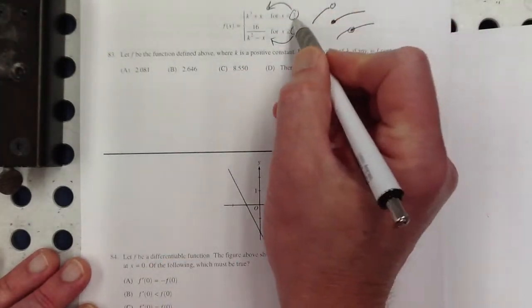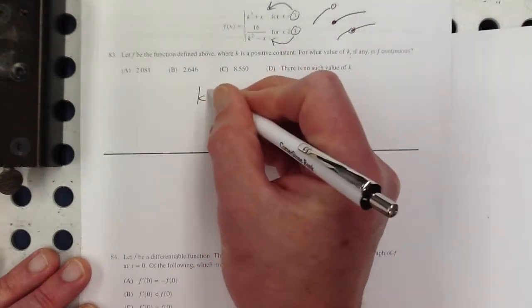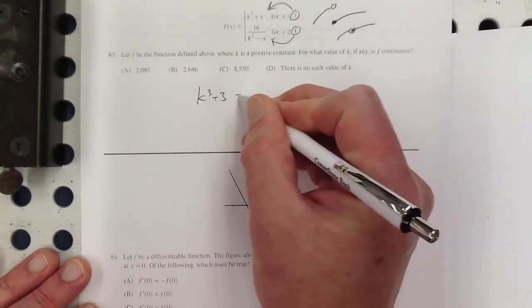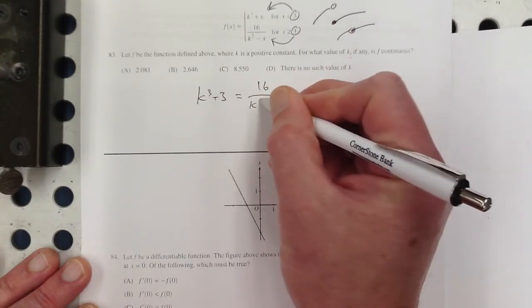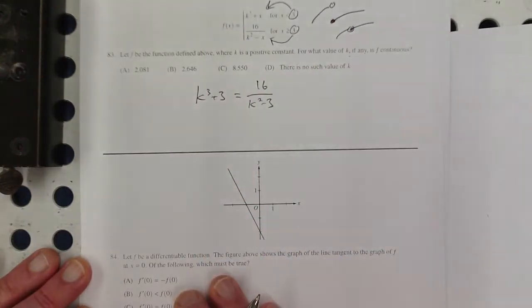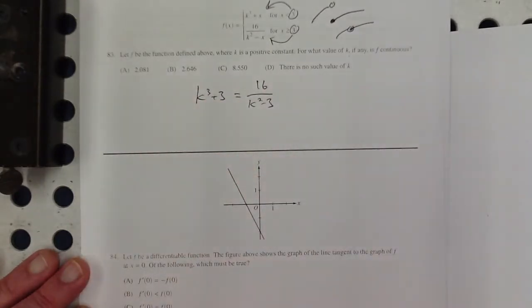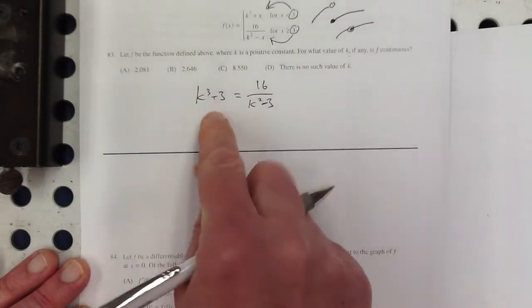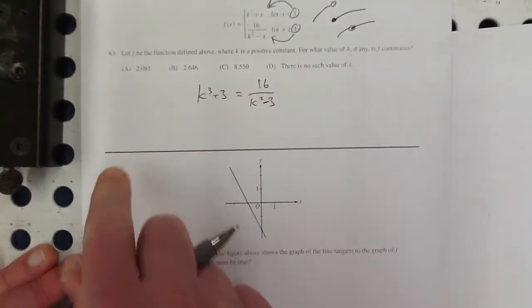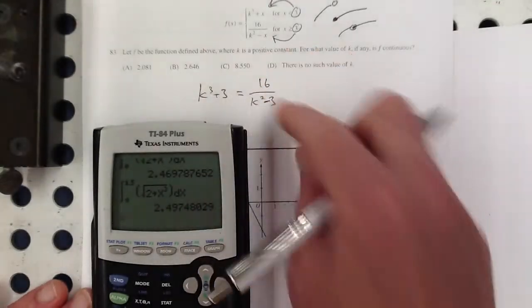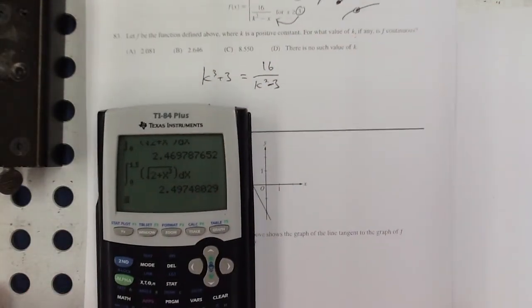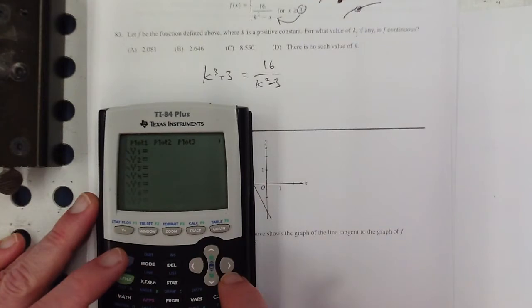So let's go ahead and do that. 3 plugged into this. 3 plugged into this. And then however you want to solve this, I think either get everything on one side, set it equal to 0 and graph. I think that's probably what I would do. Or you can graph both of those and see where they intersect. Whatever you like.